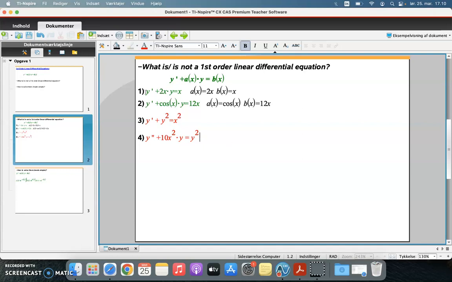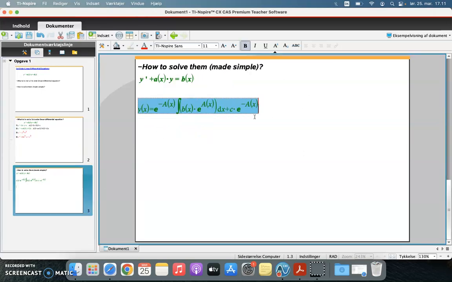Now how to solve them? We can look at the first one. This here is a formula to solve one of these equations.